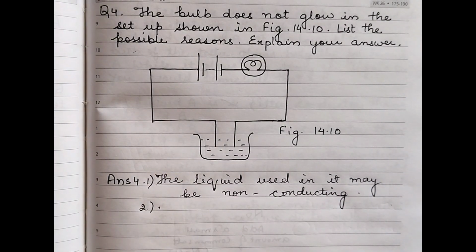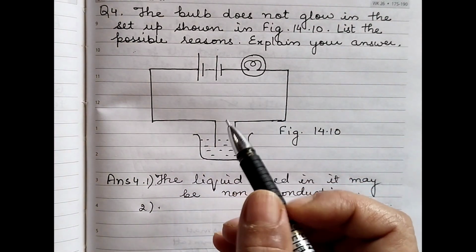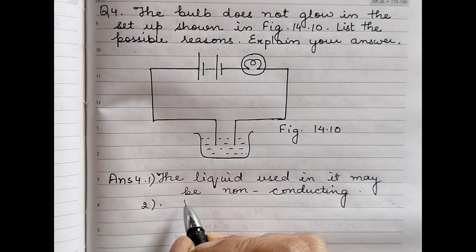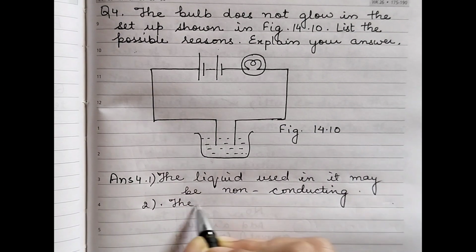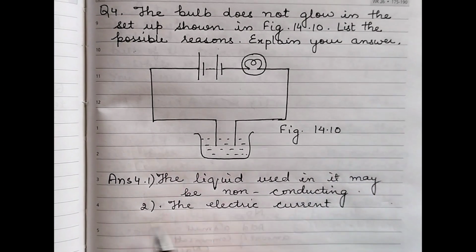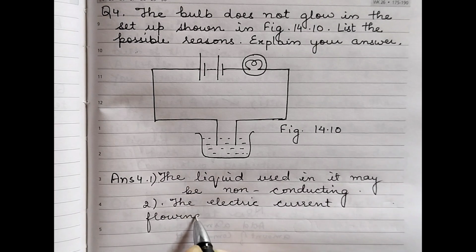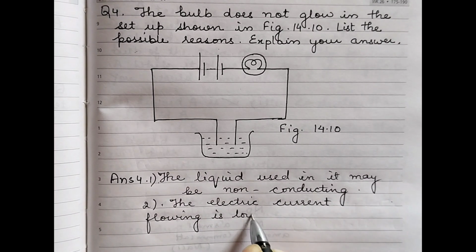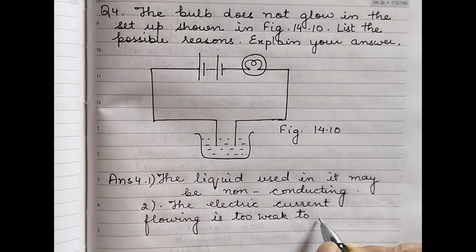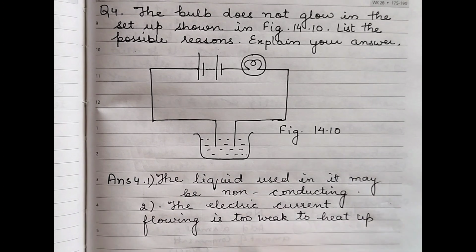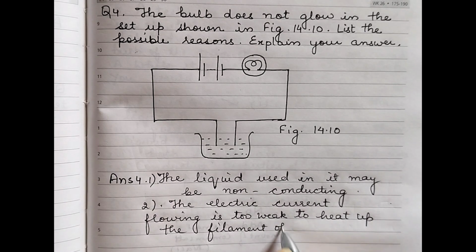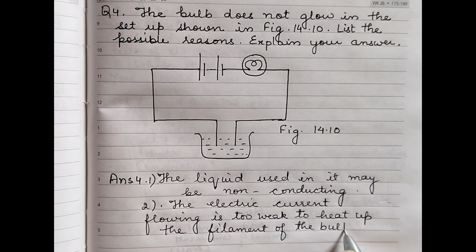Second one, the electric current flowing in this circuit may be too weak to heat up the filament of the bulb.